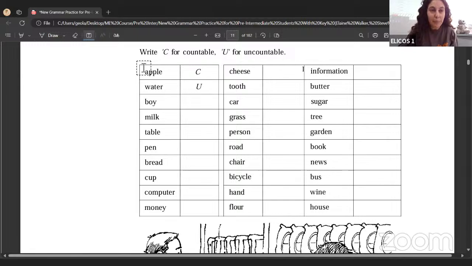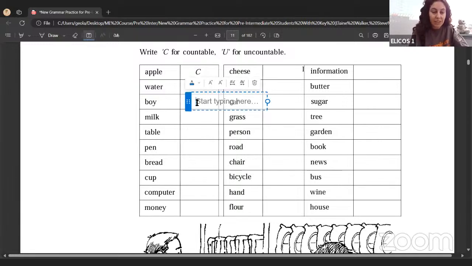So if we have apples, that is countable because we could say 1 apple, 2 apples, 3 apples, 4 apples. Water is uncountable. We need a measurement. So you could say a bottle of water, 3 bottles of water. Boy, yeah, 2 boys. You could say there are 3 boys in my room. There are 5 boys in my room.